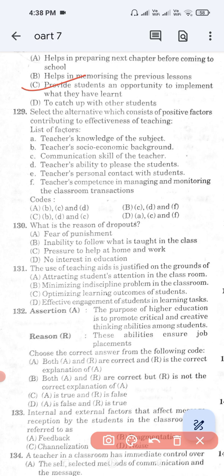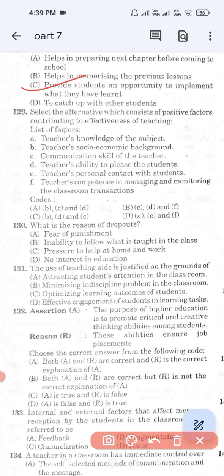Question number 129. Select the alternative which consists of positive factors contributing to effectiveness of teaching. List of factors. A. Teacher's knowledge of the subject. B. Teacher's socio-economic background. C. Communication skill of the teacher.